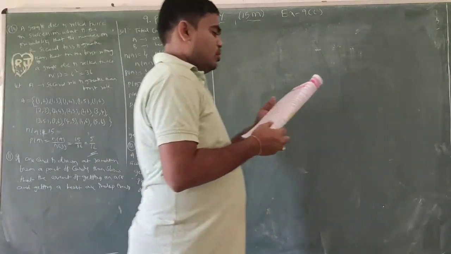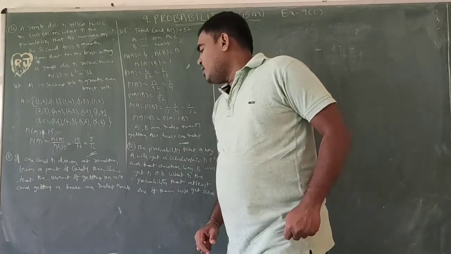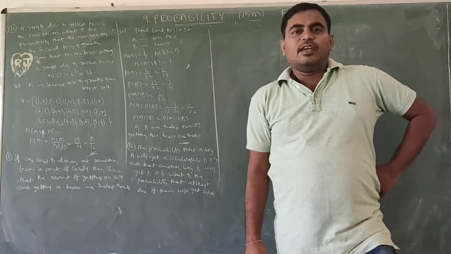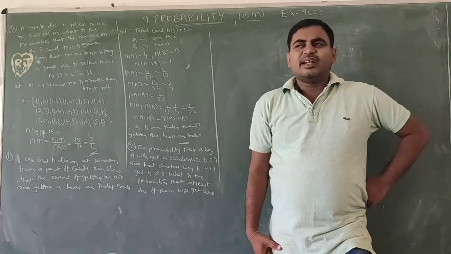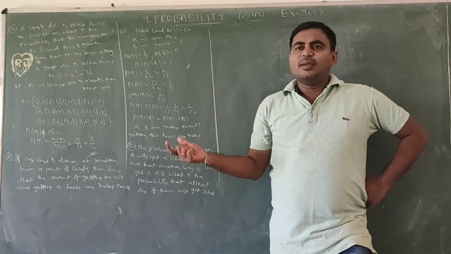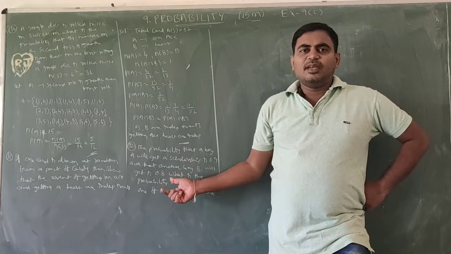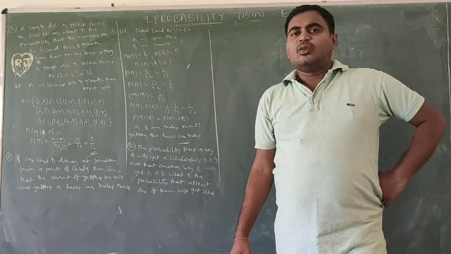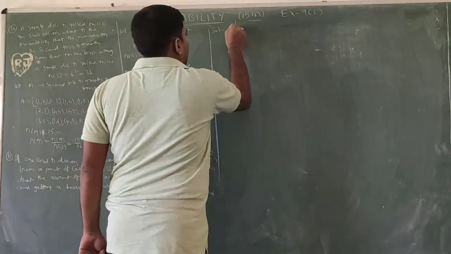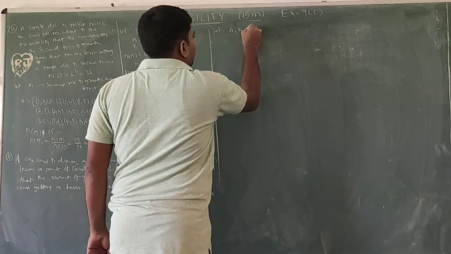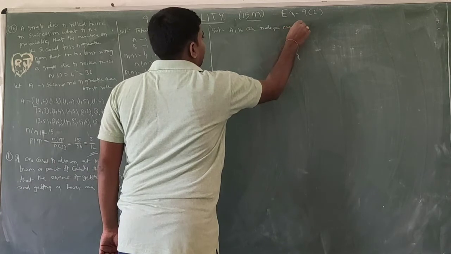Okay, now, here two boys are given, A and B are two boys. The probability of A is 0.9, probability of B is 0.8. So getting a scholarship of A won't depend upon B. Getting a scholarship of B won't depend upon A. So A comma B are independent events. Solution: A comma B are independent events.